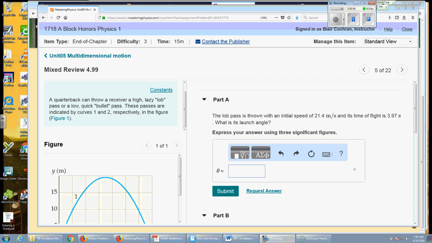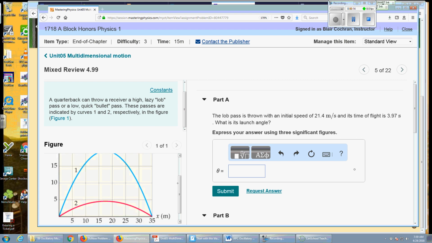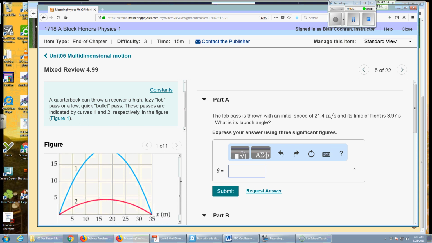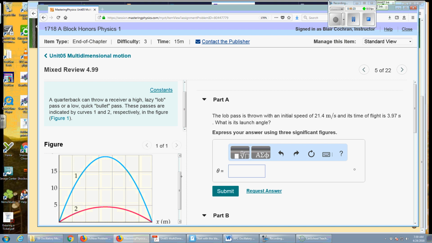So, number 5, quarterback can throw a receiver a high lazy lob pass or a quick fold pass. These passes are indicated by curves 1 and 2, respectively. Alright. So let's see, they start and stop at the same height, and they have the same range, which I know just from my general knowledge means that their angles must be, I think it's complementary, add up to 90 degrees.